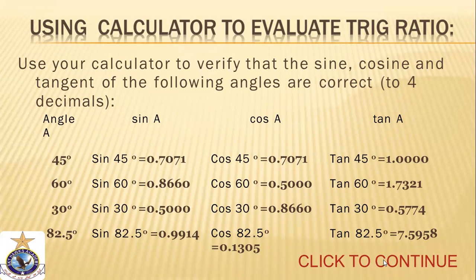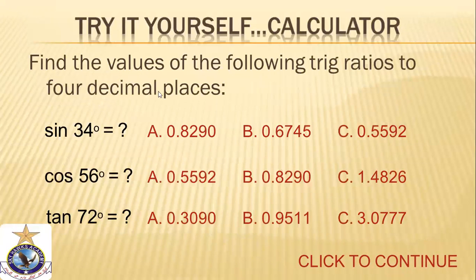At that time we didn't have the calculator. If you don't have the calculator, how can you make the calculation? Anyhow, try it yourself on the calculator. Once again, you will have to press the sin, cos, and tan. You will have to change the mode of your calculator to degree measurement of the angles, because in the calculator we have a shift button to change the functionality. The angles can be measured in degree, radian, and gradient.